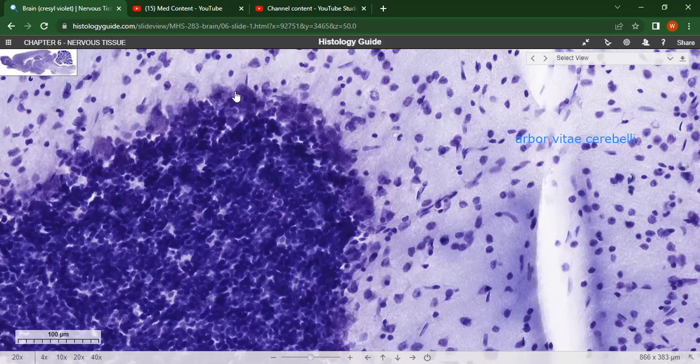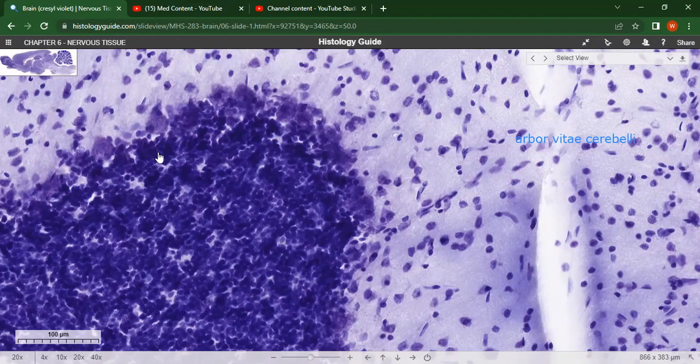So dendrites arise from the neck of the flask and pass upward into the molecular layer, where they undergo profuse branching, the dendritic arborization. So the dendrites go to the molecular layer. Then the axons usually pass into the intracerebellar nuclei.